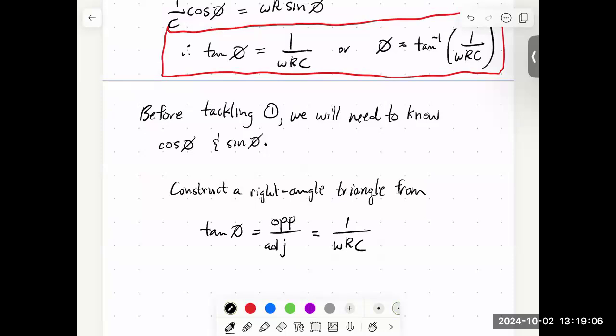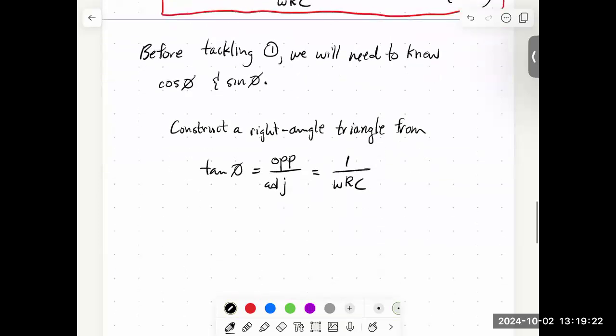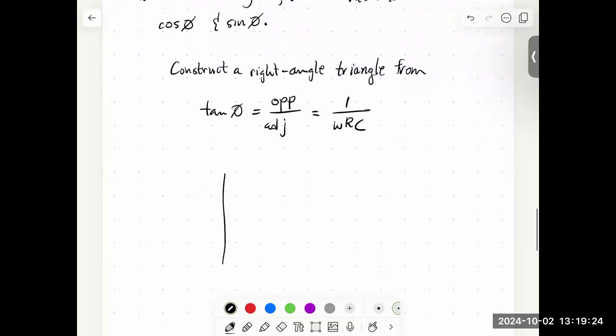Okay, so I'm going to make a right angle triangle where there's going to be an angle phi. The side adjacent to phi, I'll make that a length omega RC. And the side opposite of phi, I'll make that a length of 1. So let's see if we can draw this right angle triangle. It's going to be something like this. I have to put phi somewhere, so I'll put it over here.